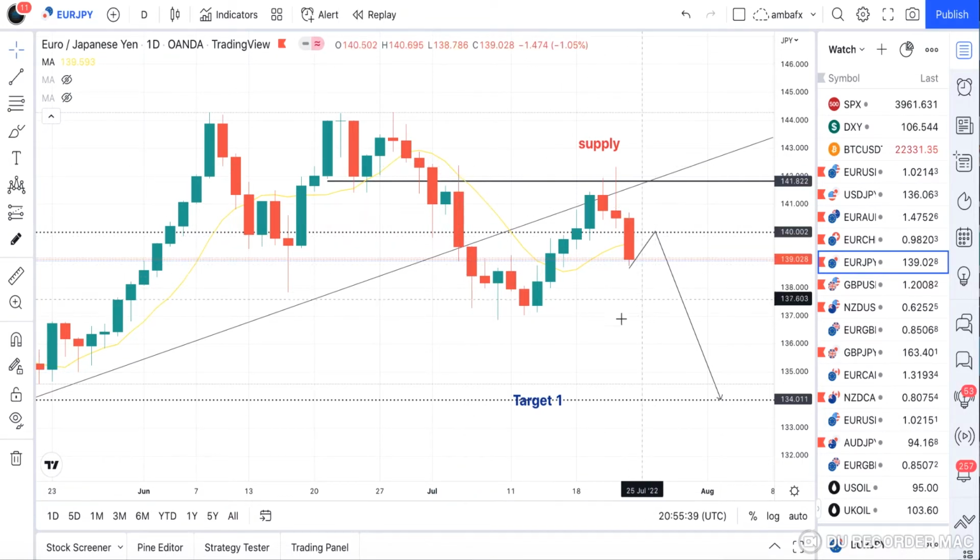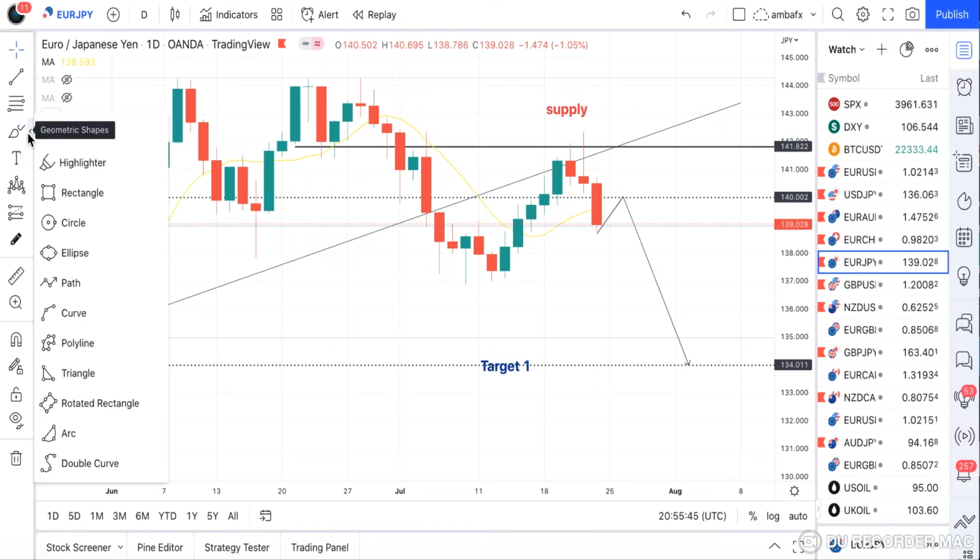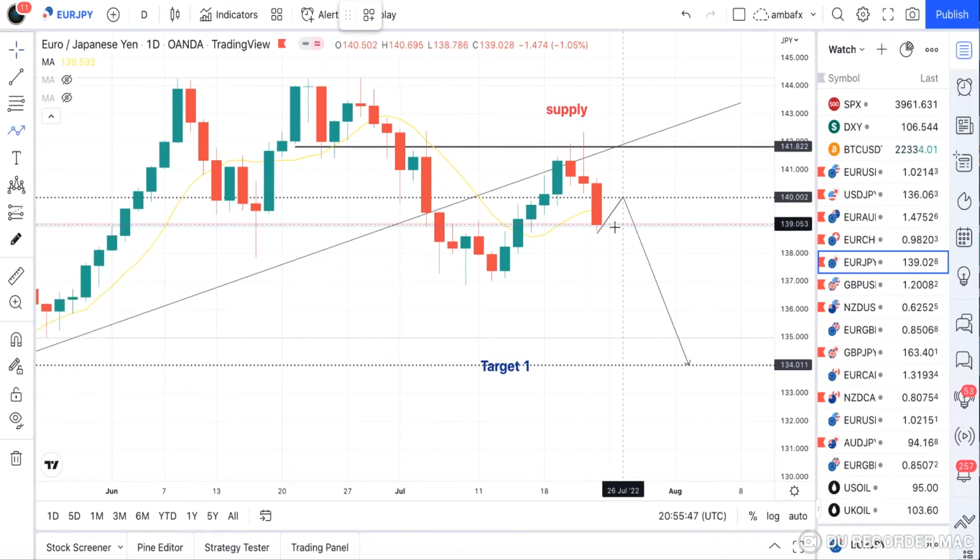So what we are now looking at is that any retracement to the upside, because from what we see on the euro fundamental, like the PMI that dropped on Friday, tells us that probably this week we should see a weaker euro.